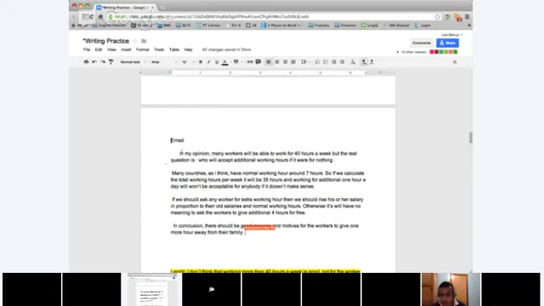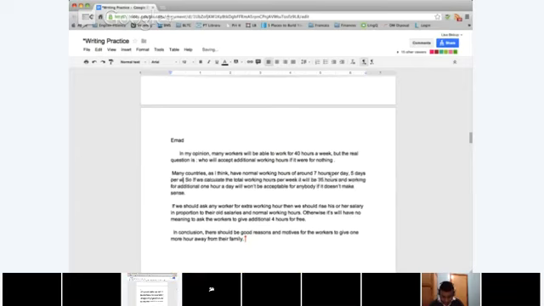Okay, got it. Good. So, in my opinion, many workers will be able to work for 40 hours a week, and I put a comma there. But the real question is, who will accept additional working hours if it were for nothing? Many countries, as I think, have normal working hours of around 7 hours per day, and then I would say, just for clarity, 5 days per week.